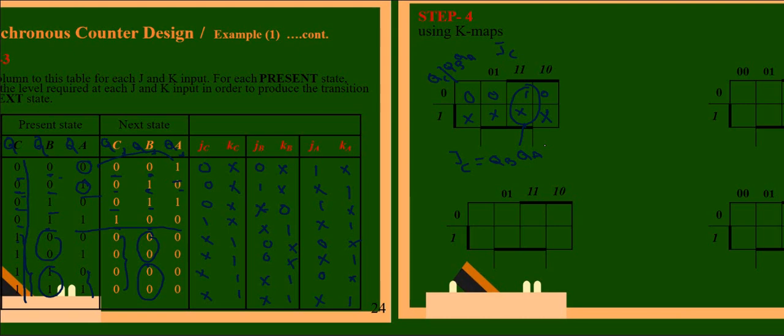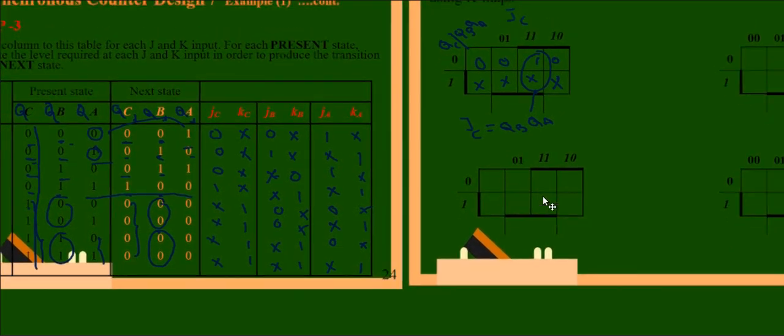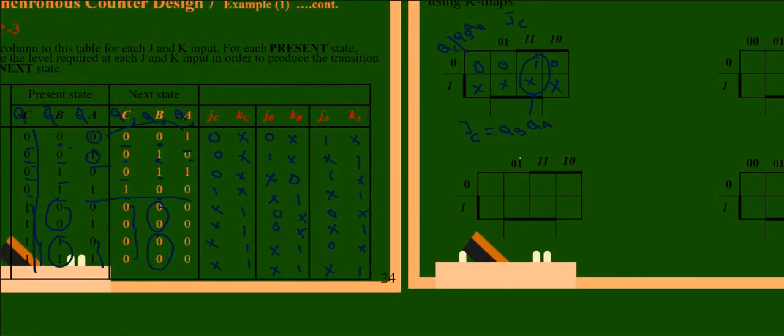In a similar way we can cross verify what is going on in KC. When you go to KC, again we take the similar operation, QC present state and QB and QA. In this case we are talking about KC: first 4 don't care, so make the first 4 don't care and then all 1.